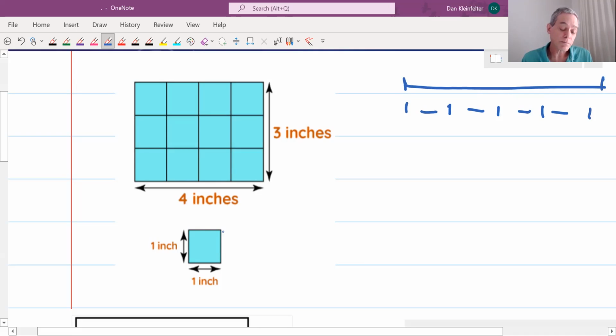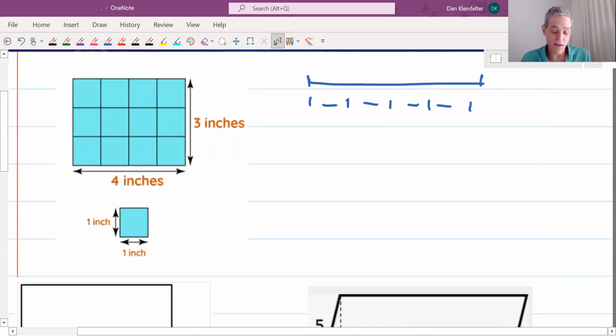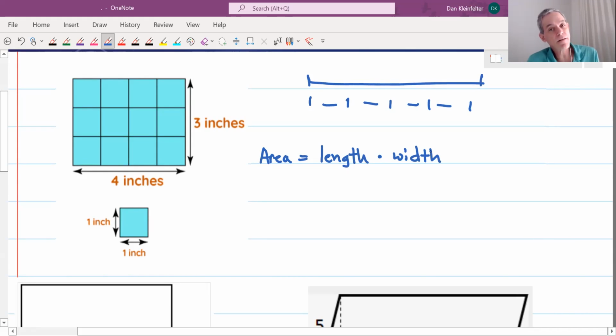So that suggests a formula for how you find the area of a rectangle. We'll use the letter A to stand for area. In fact, let me just go ahead and write it down. The area is equal to the product of the length and the width of a rectangle. And you can think of why that is: we're counting up a certain number of squares.